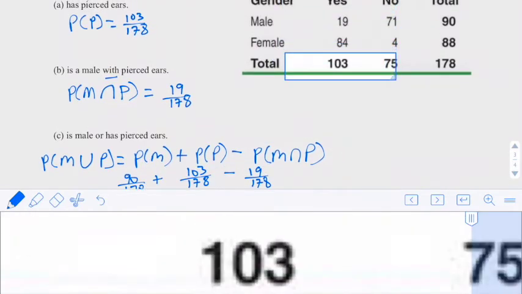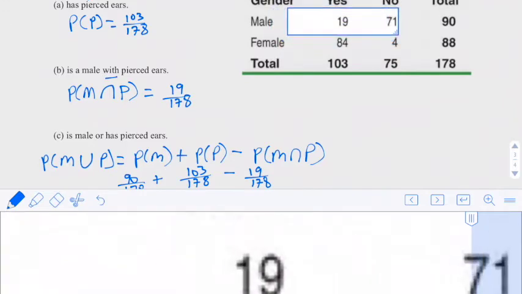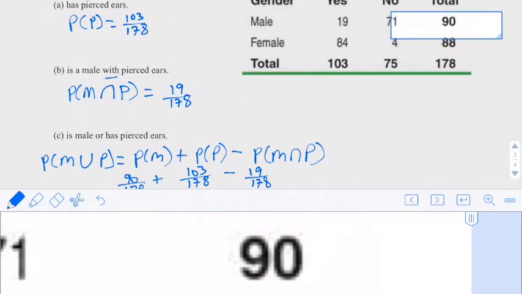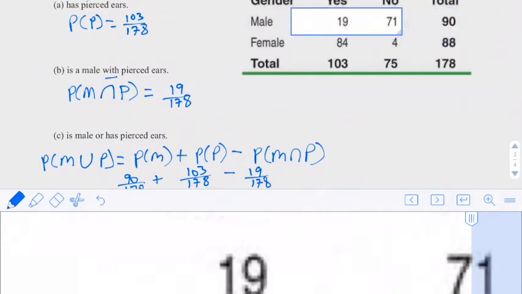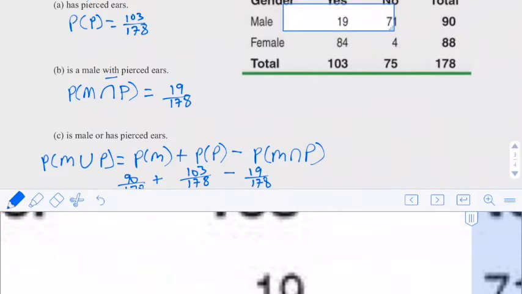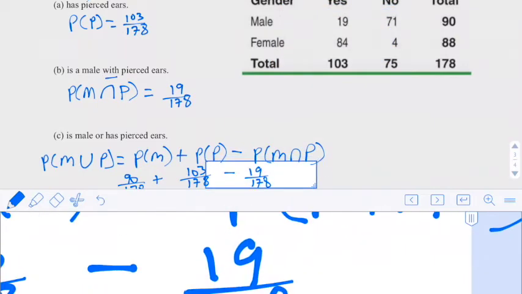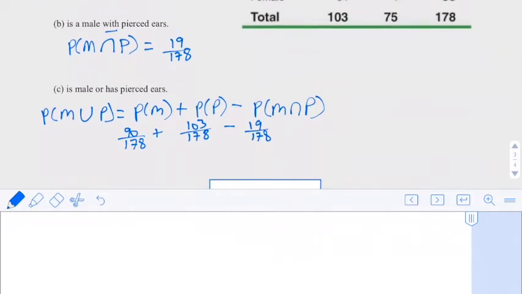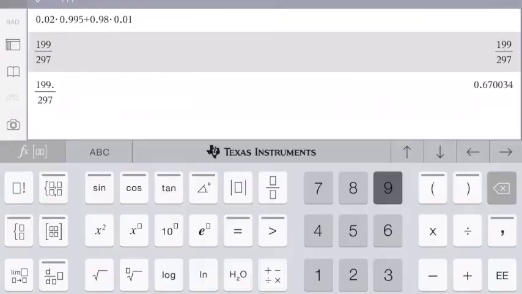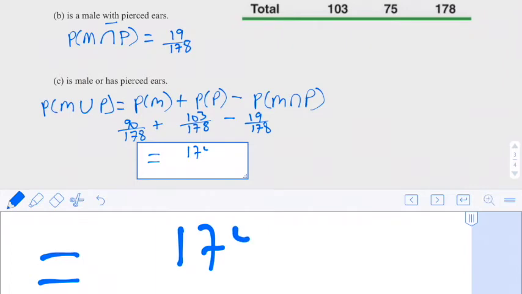If we count the number of people with pierced ears, it counts those 19 males and the 84 females. If we're counting the amount of males, we're counting the 19 who have pierced ears and the 71 who do not have pierced ears. So we counted this 19 twice. So that means we need to subtract it off because we counted it too many times. So 90 plus 103 minus 19 is 174 out of 178.